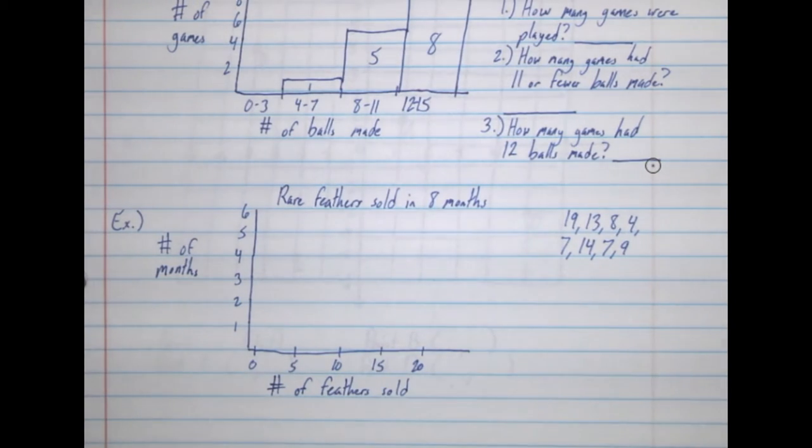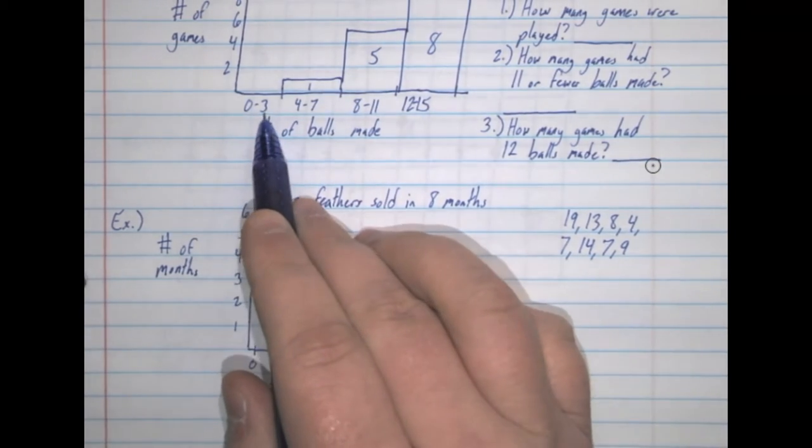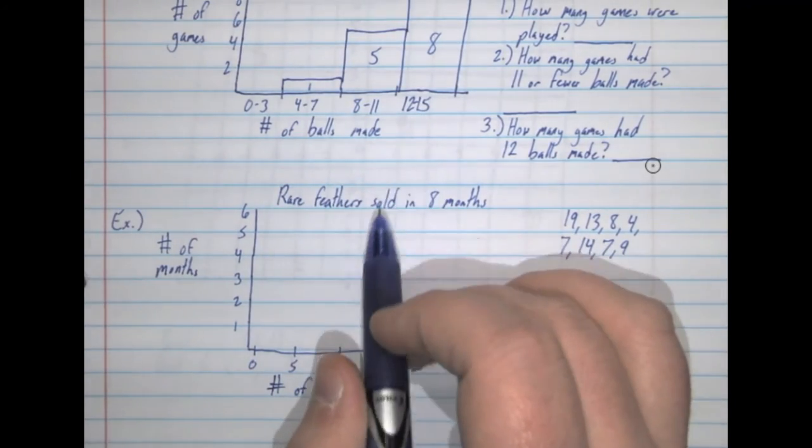We have a histogram titled Balls Made in a Billiard Tournament, and our labels are the number of games played, or the number of games that the data occurred in, and then we have the number of balls made, and they're sorted out in each category. We have 0 through 3, 4 through 7, 8 through 11, and 12 through 15.